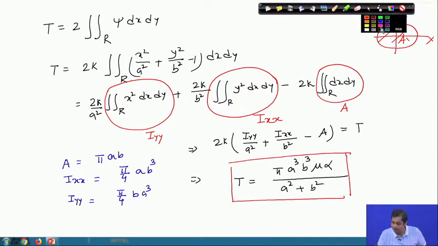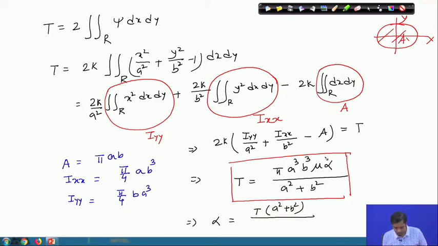From this expression we can also write the expression for alpha: alpha will be T into a square plus b square divided by pi a cube b cube into mu. This expression is also important. So, we have determined the relation between torque and the angle of twist.